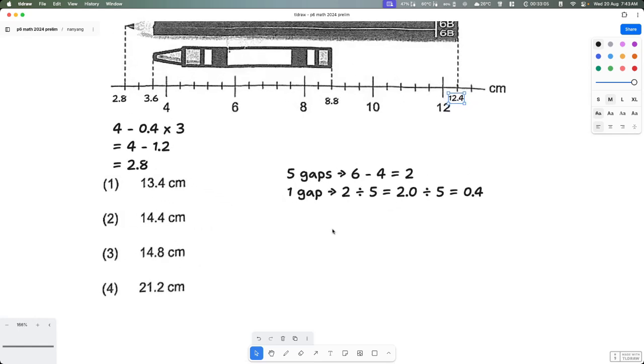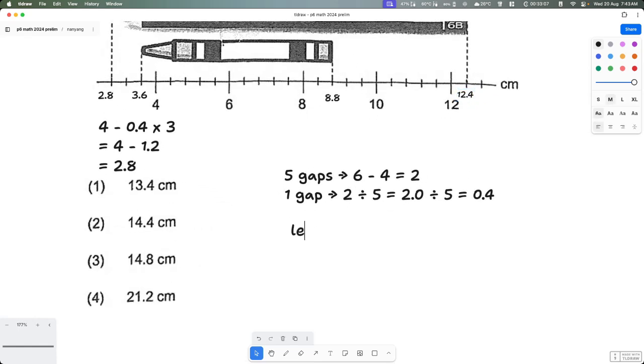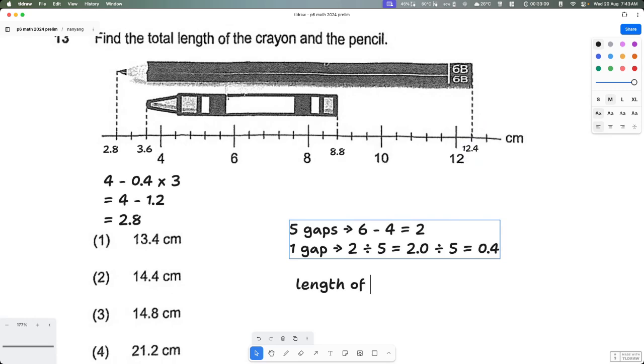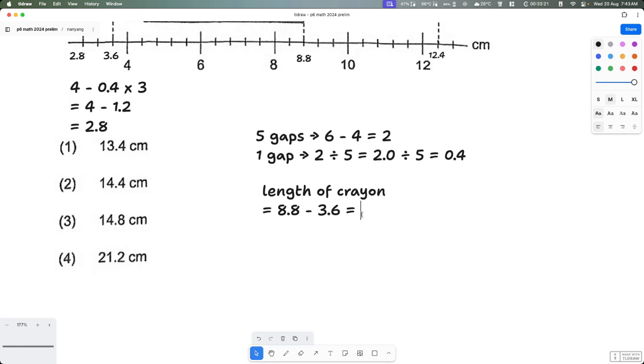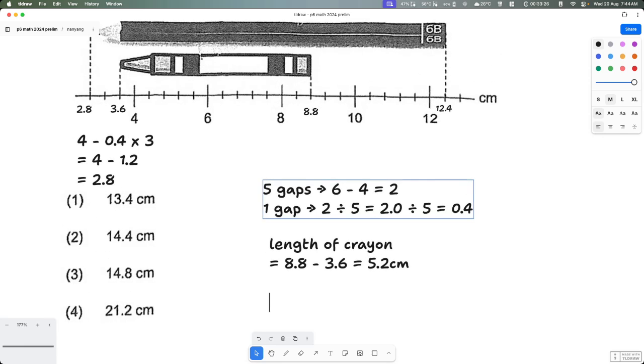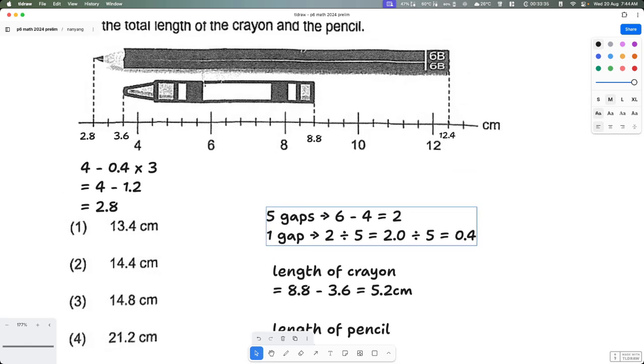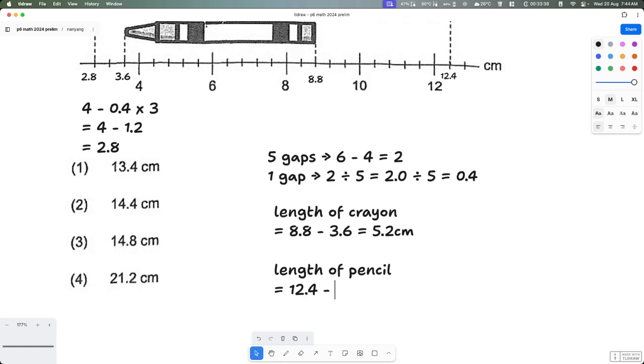Okay, so with that, let's calculate the length. Okay, so length of crayon is equal to 8.8 minus 3.6. This will give us 5.2 centimeters. So length of pencil is equal to 12.4 minus 2.8.